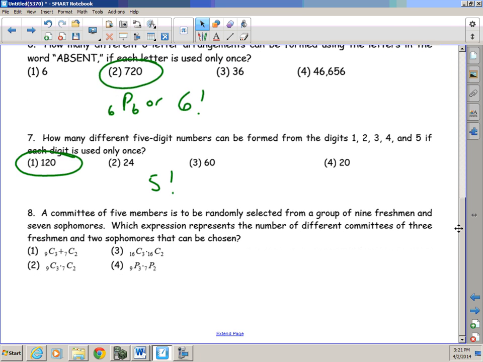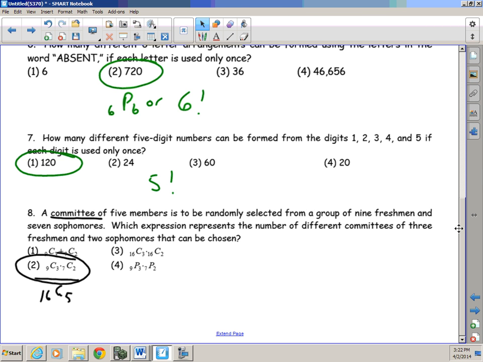The buzzword committee will tell you right there that it is a combination. 5 members are selected from 9 freshmen and 7 sophomores. How many different committees can I have that are 3 freshmen and 2 sophomores? That's the total number. If I wanted to get the probability of that, I would divide that by 16C5.